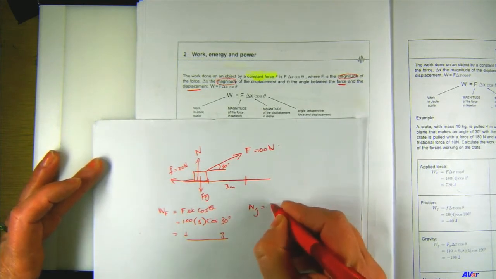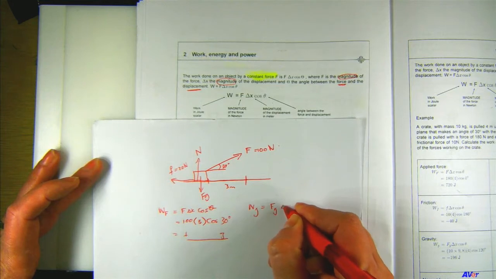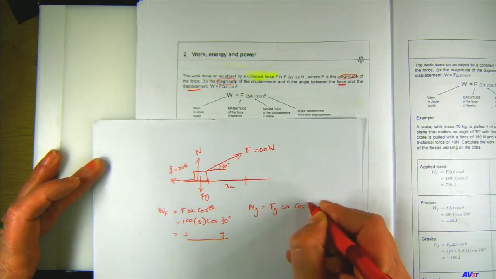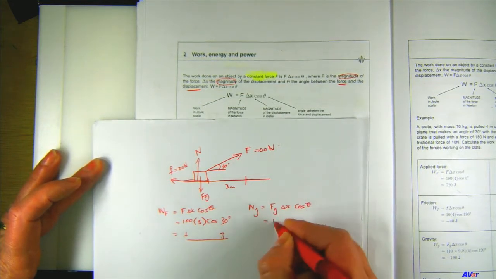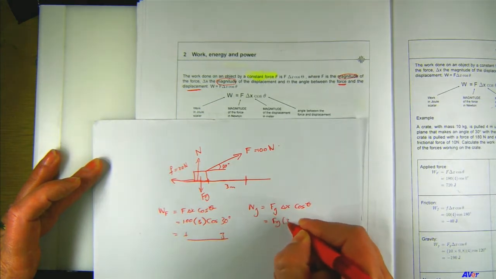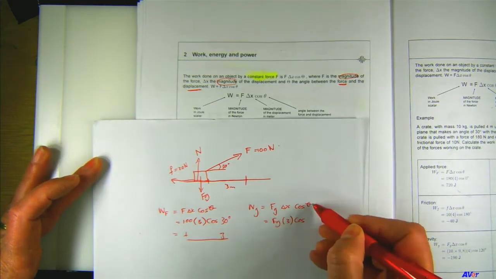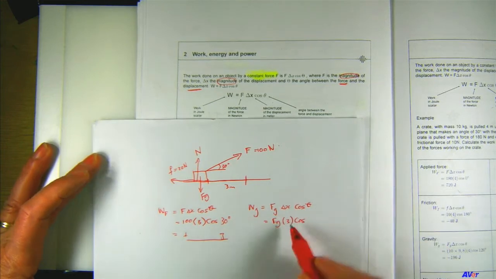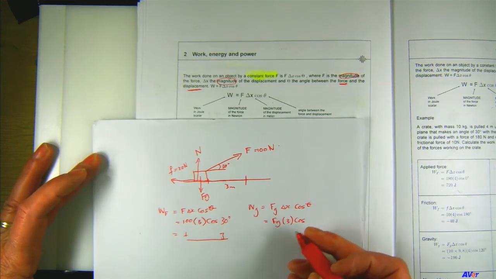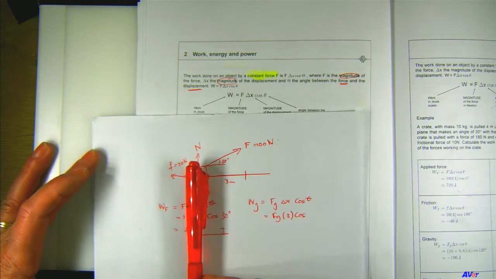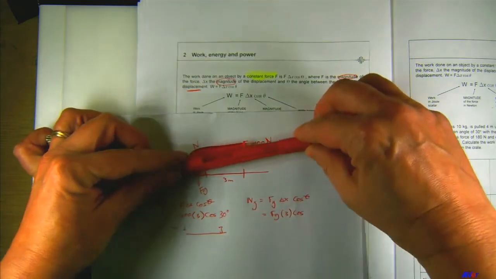Now, once again, you have to have the force, the displacement, and cos theta. Now, you will have the force, you will have your 3 meters, and you will have cos. What will be the angle for the gravitational force? Put your pen in the direction of the force and turn until you get to the displacement.